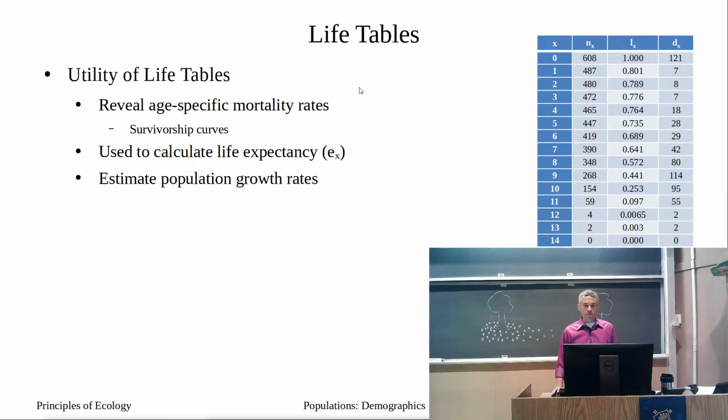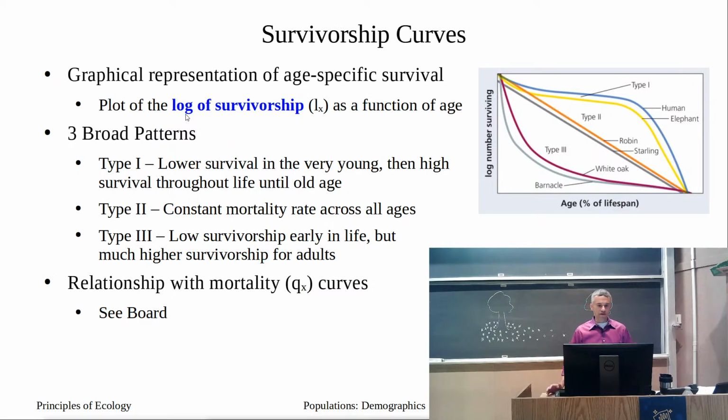What we're going to start with first is survivorship curves. A survivorship curve is a graphical representation of our age-specific survival. These curves plot the log of our survivorship, the log of Lx, as a function of age. It's very important to know that this axis is actually on the log scale, because if we didn't do it, all of our curves would basically look the same.